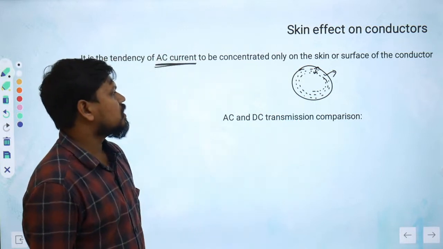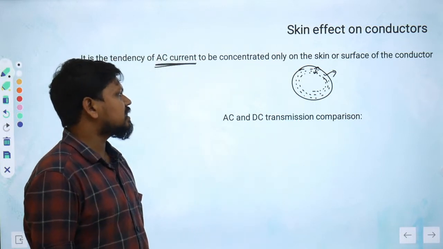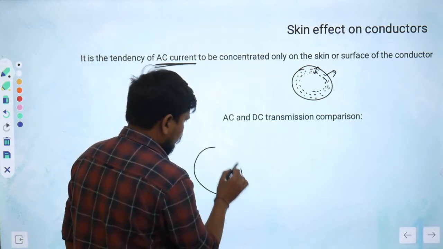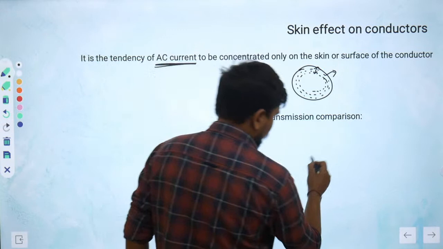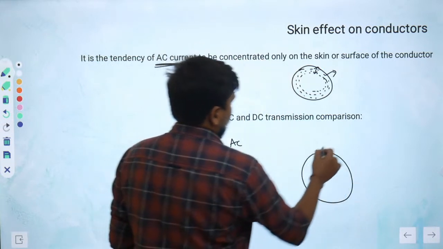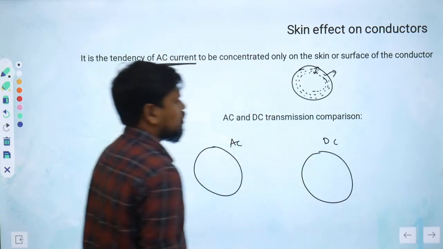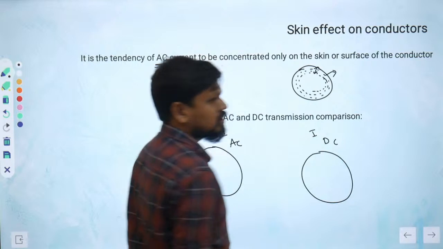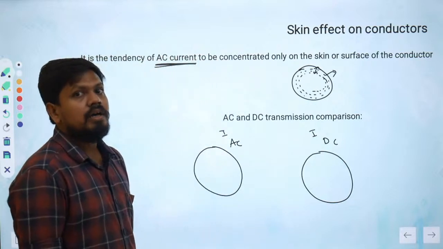Now let's see the comparison between AC and DC transmission. Take the same area of cross section for both conductors. This one carries AC and this one carries DC, for example. We will compare the resistances.